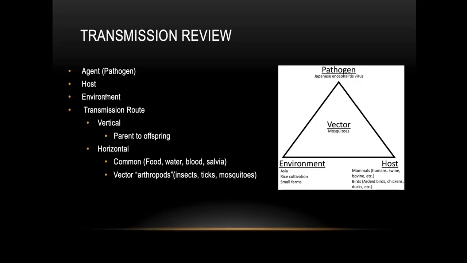The route of transmission can be done in multiple ways. Horizontal is person to person, either through direct contact or sexual contact. Airborne is also another way. Vertical is usually from a parent, a mother, who is basically transmitting the virus or the disease in utero.